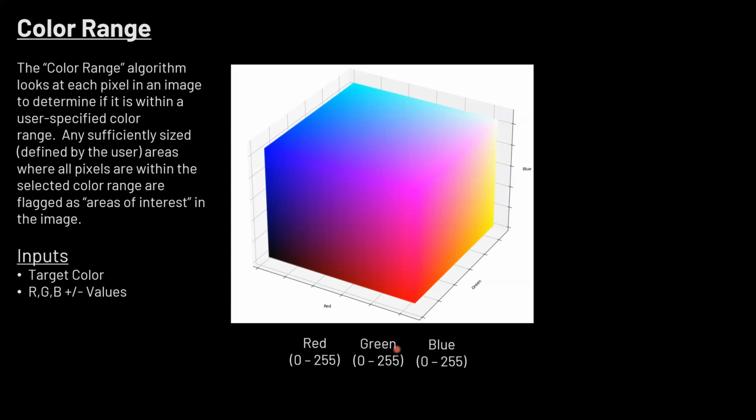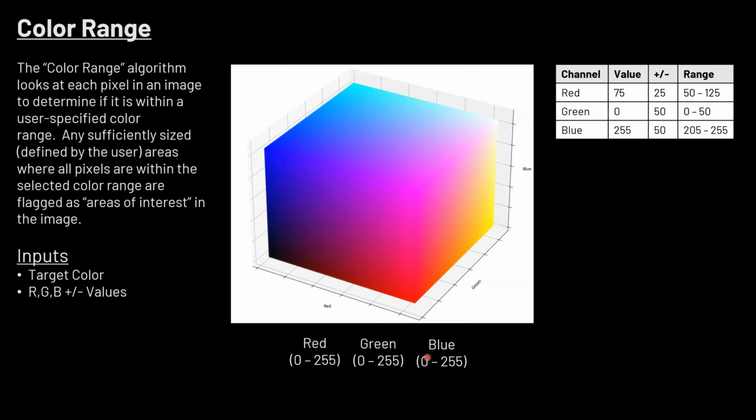We see the RGB space here. It goes from 0 to 255 for each channel. And if we go ahead and pull up some sample input, we'll say, okay, for this one, our target color had a red value of 75, a green value of 0, and a blue value of 255.